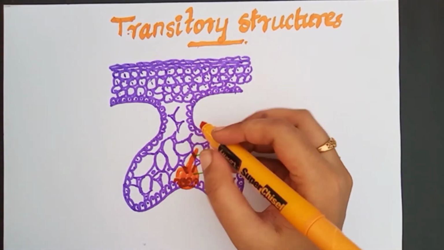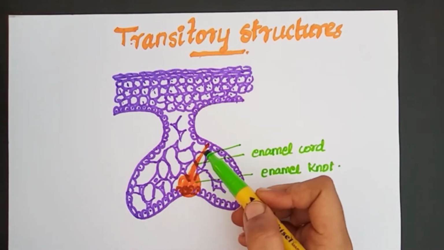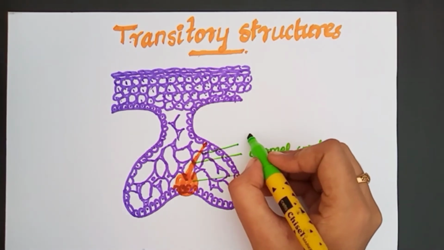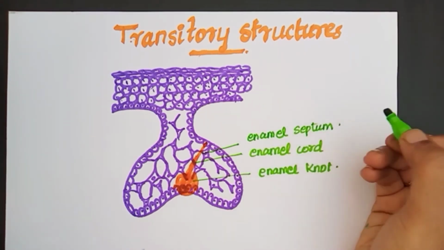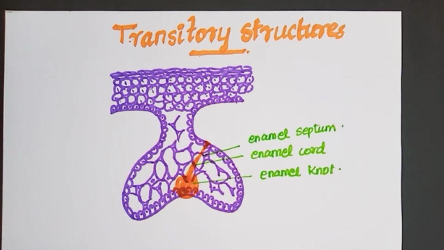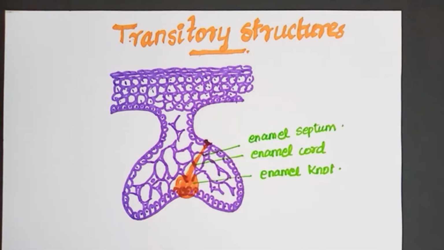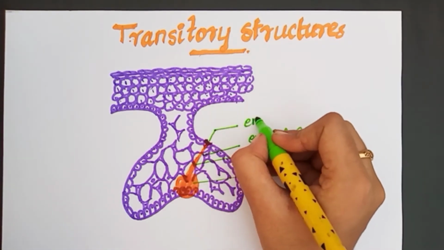This enamel cord extends to meet the outer enamel epithelium and divides the stellate reticulum into two parts. That's why this is called enamel septum. At the point of meeting of the enamel cord to the outer enamel epithelium, it shows a small depression. This is called enamel navel because it resembles an umbilicus.